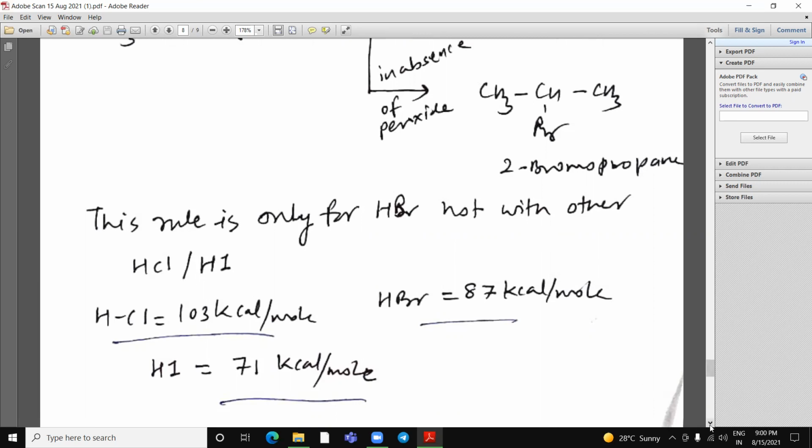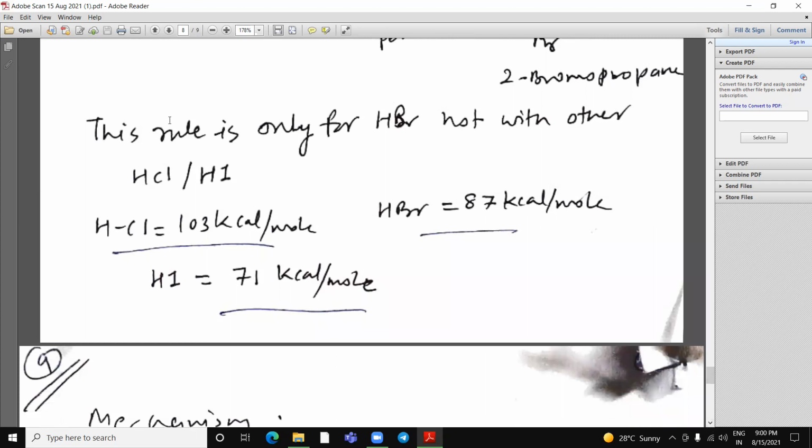Why? Because cleavage of HCl requires 103 kilocalorie per mole energy. HBr cleavage requires 87 kilocalorie per mole and HI requires 71.